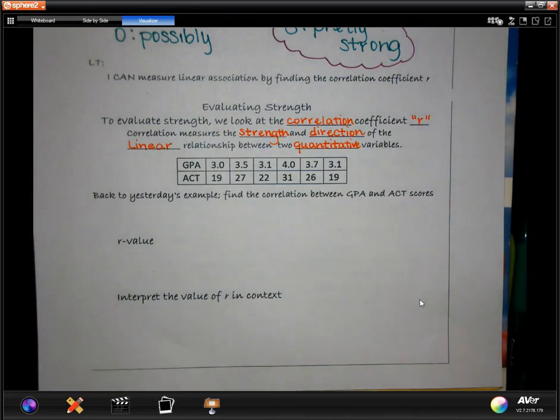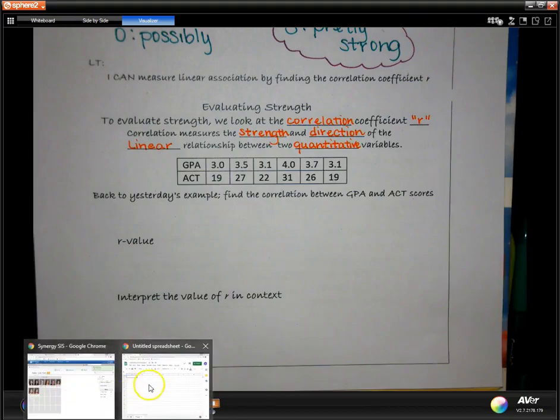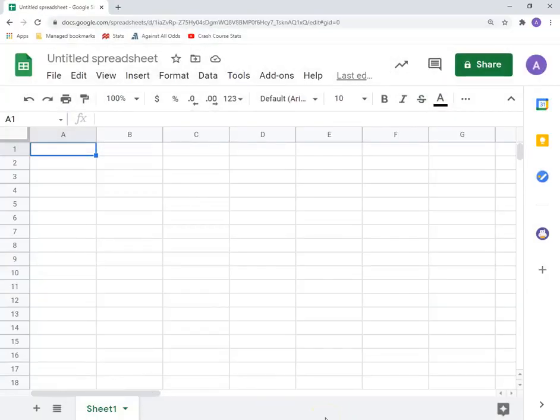So now we're going to go to Google Sheets. You just want a blank one. I zoomed in. Hopefully you can see it well enough. So we're going to find our value. You don't need to put the labels, but I'm going to.